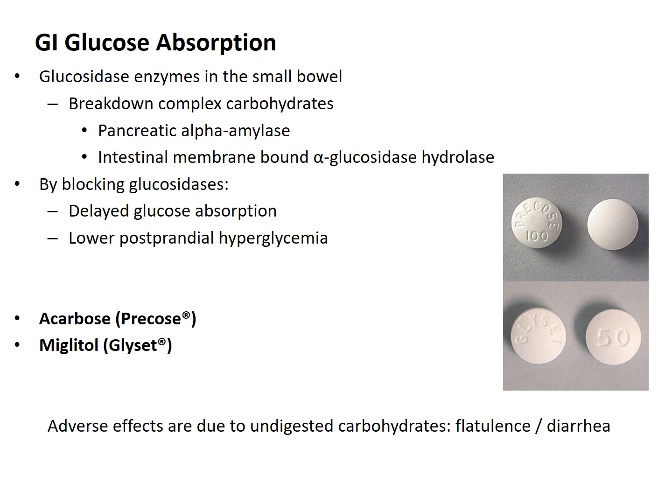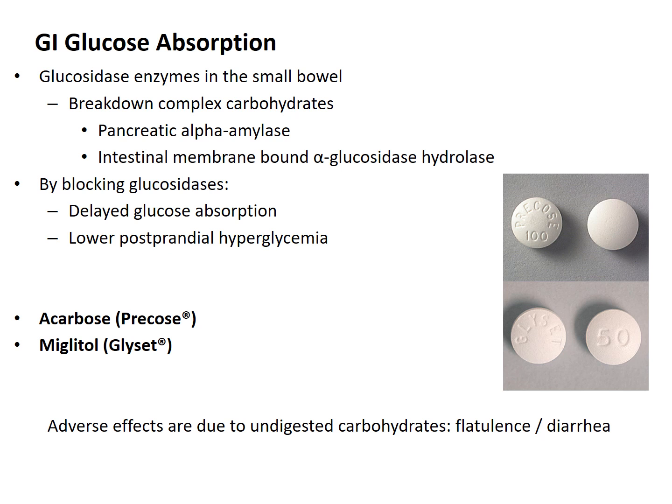Well, where does that carbohydrate go? If you ate the carbohydrate but you're not absorbing it, something's got to happen to it. Yeah, it sits in the gut and bacteria start to act on it, and then the individual starts developing excessive amounts of gas and diarrhea because they're not absorbing that carbohydrate. So these are not considered to be good drugs at all. Very high incidence of adverse GI effects.